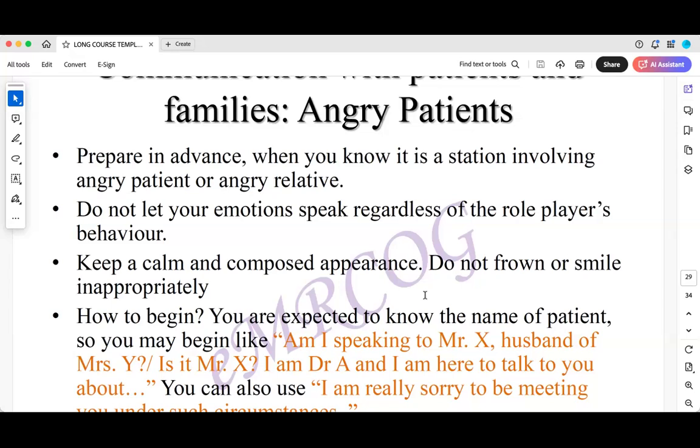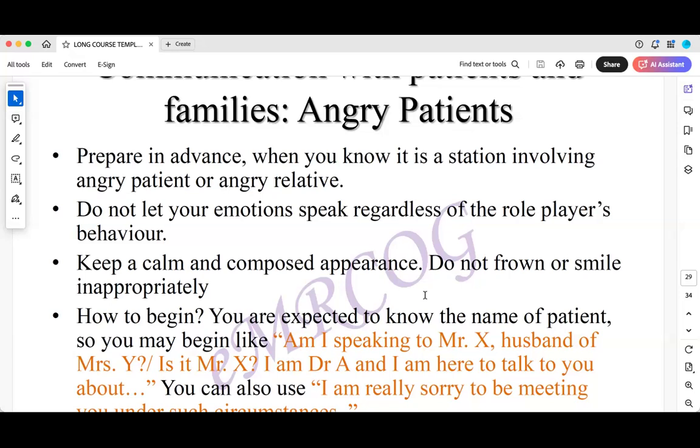When you have a patient who is frustrated, for example, because his wife was waiting in the emergency room for a long time while she's in pain, and he's angry at the system and at the hospital and everything, and he comes to you while he's showing this anger, okay?